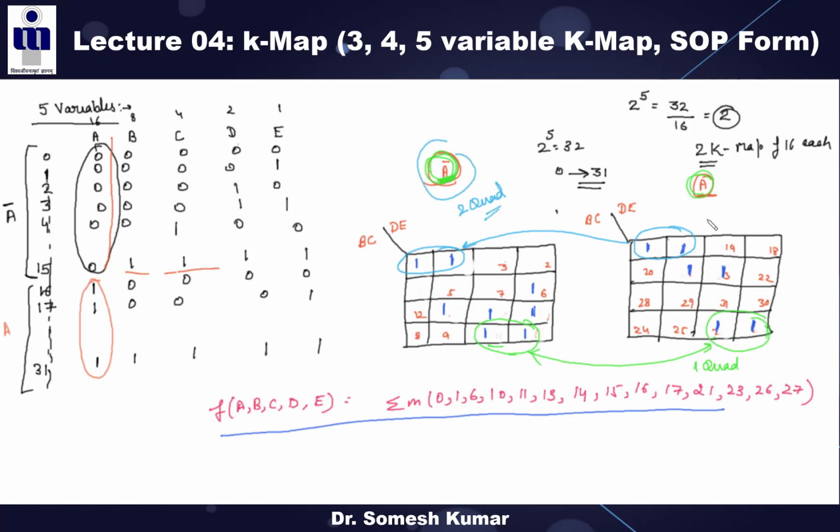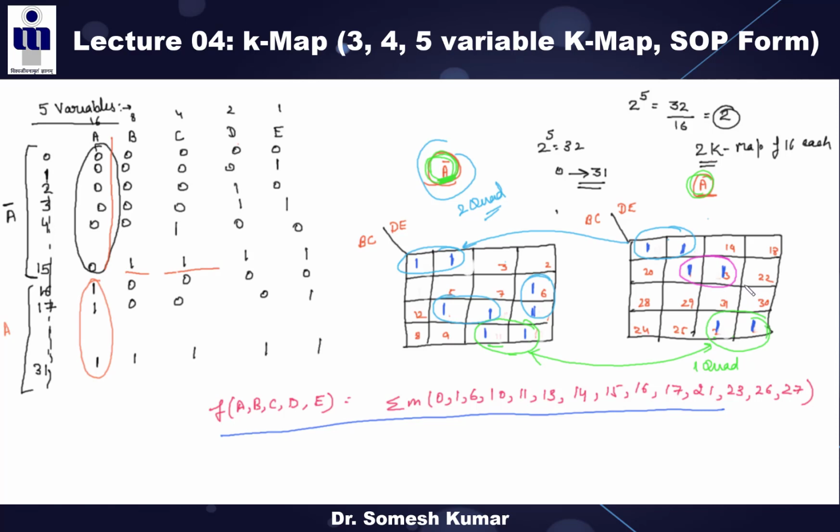A bar, here this is A. Clear? Any other possible quad there or not? This is your one pair. Next, this one. And these are the only possible pairs.